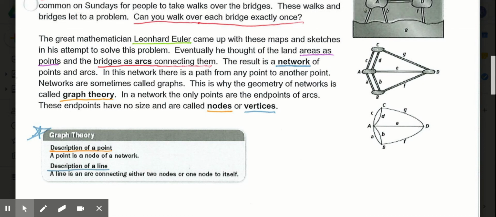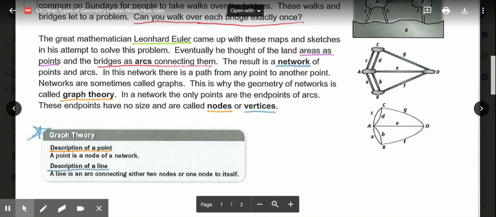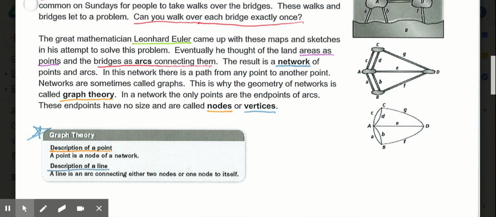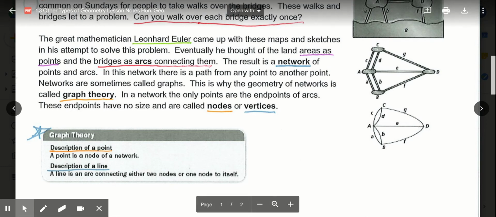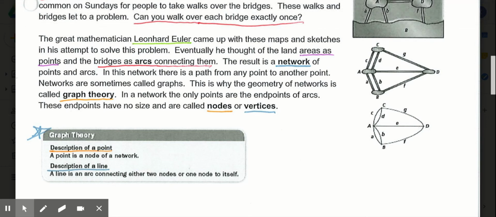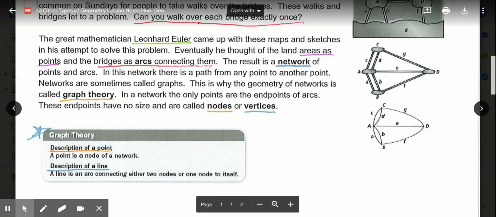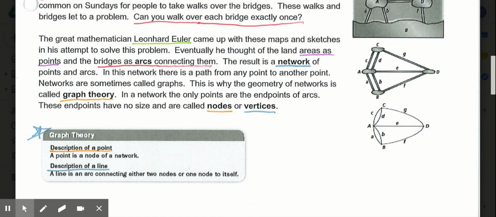So graph theory involves what's known as this diagram or a network. And in a network, the only points are the endpoints of arcs. So where an arc has an endpoint is the only spot where we can put points. These points have no size, even though we have to draw them as a dot, and they are called nodes or vertices.